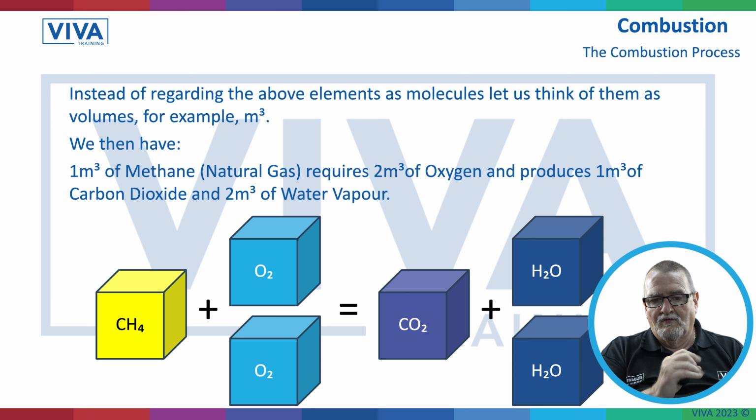If we look at that, 1 volume of methane, so let's say 1 cubic metre, which has gone through our gas meter, we'd need 2 cubic metres of oxygen. Now we'd need for that 10 cubic metres of air, because air, as I said earlier, is made up of 20% oxygen, 80% nitrogen. And we're going to end up with 1 cubic metre of carbon dioxide, and then 2 cubic metres of water vapour. So that's complete combustion.